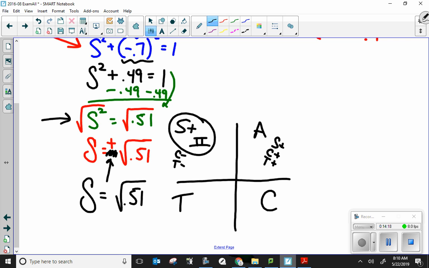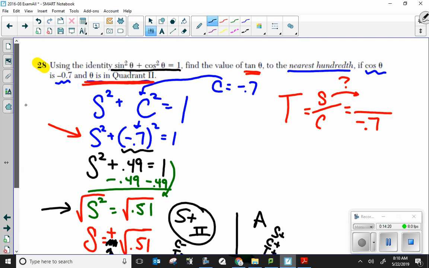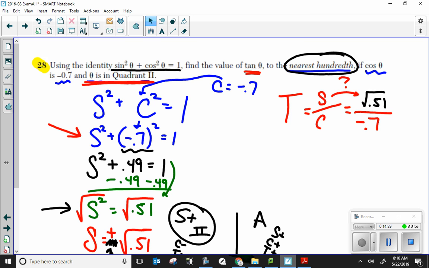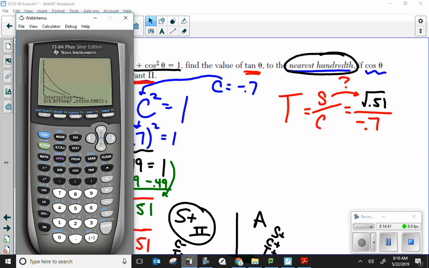All right, so let's take that up here. Sine is now radical 0.51. So I've got radical 0.51 over -0.7. I've got to use the calculator.